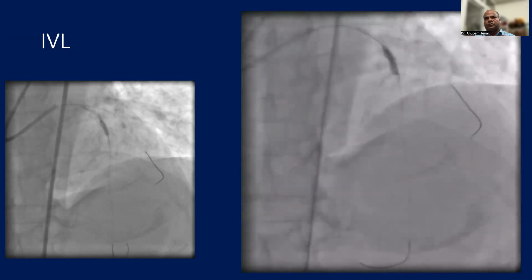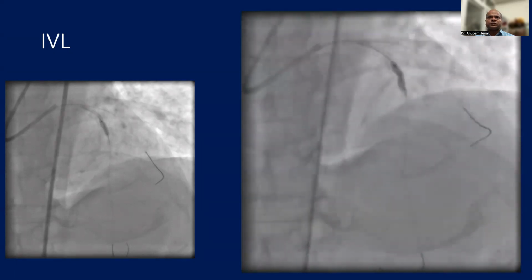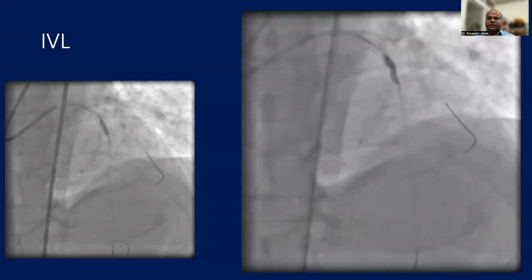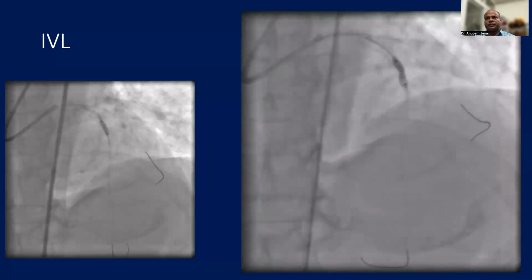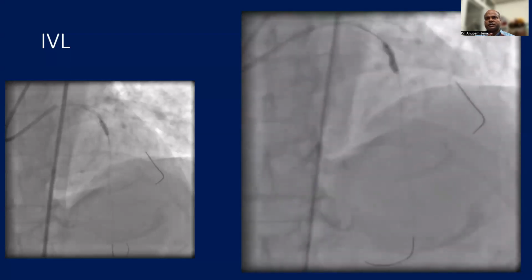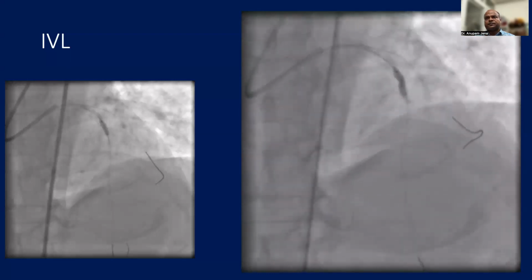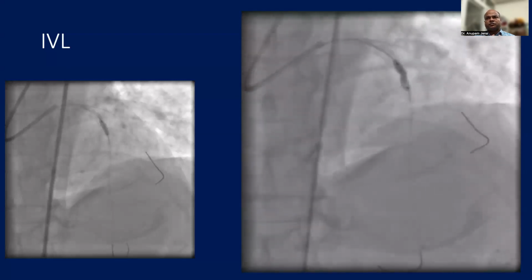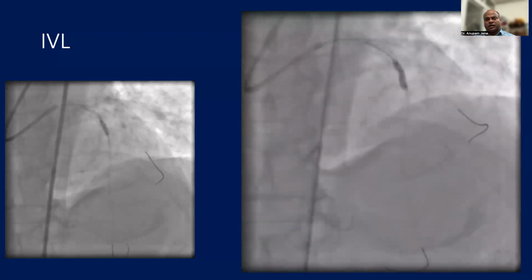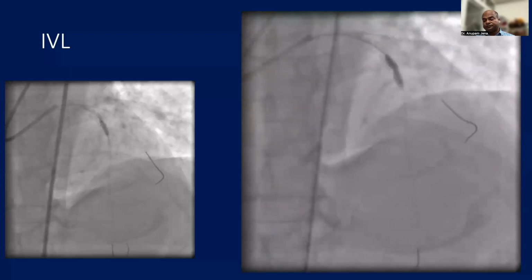We inflate the balloon to 4 atmospheres, then give pulses of shock waves, and those shock waves break the calcium. They produce very high local pressure in a very controlled manner so that it does not disrupt the adventitia, but it helps to break the 360-degree calcium. Intravascular lithotripsy is very effective to break rigid calcium, especially 360-degree calcium.